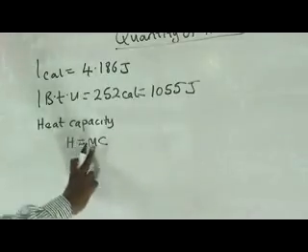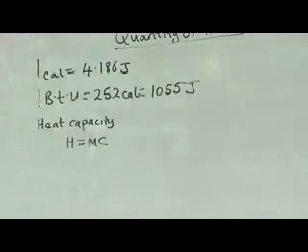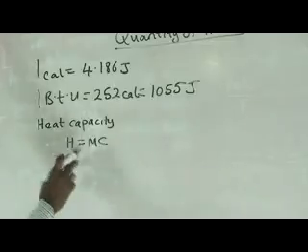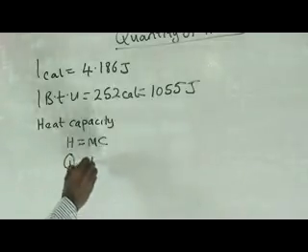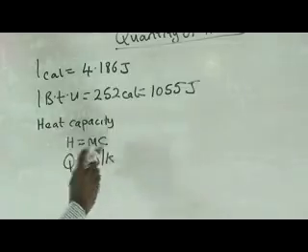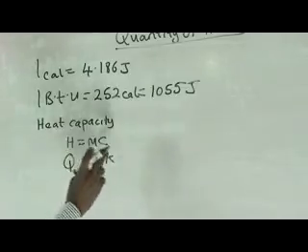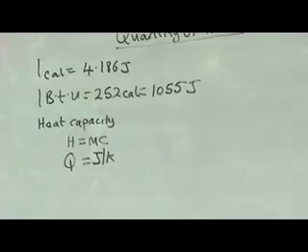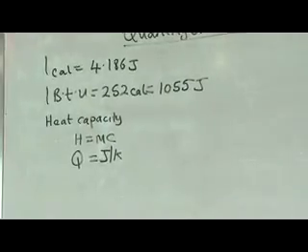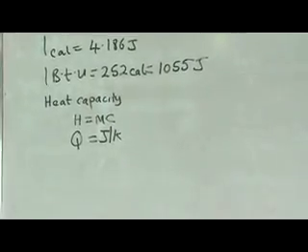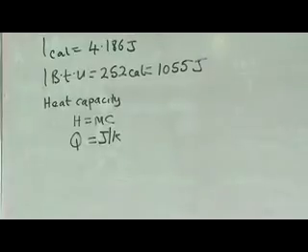What is m? m is the mass, and c is a value that we call the specific heat capacity. So the SI unit of heat capacity, which is written as Q in some texts, is joules per Kelvin. Joules per Kelvin.